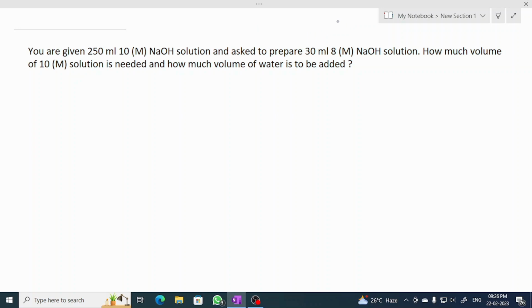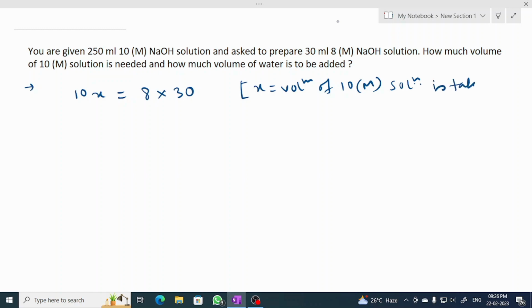According to that formula, we get that 10x is equal to 8 into 30, where 10 molar is the initial concentration and x ml is the volume of 10 molar solution taken. And 8 molar is the concentration of the new solution and 30 ml is the volume of the new solution.